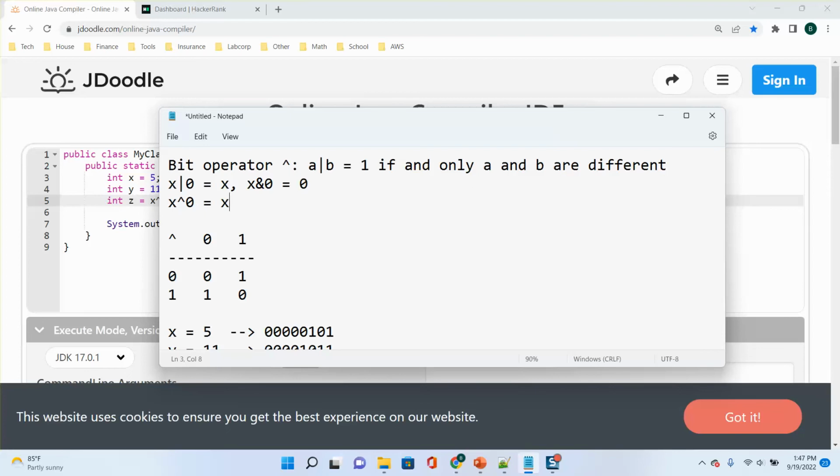Now, next important thing is x exclusive OR itself is 0, because exclusive OR says if they are the same, the answer is 0. If they are different, the answer is 1. So this is a very important formula. We can use this formula to swap two integers. Let's do it.